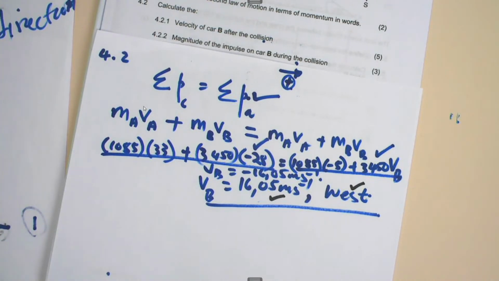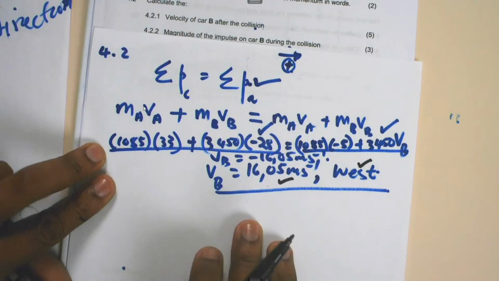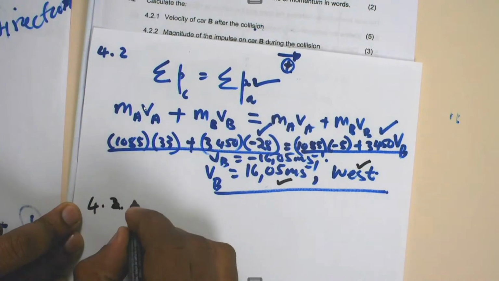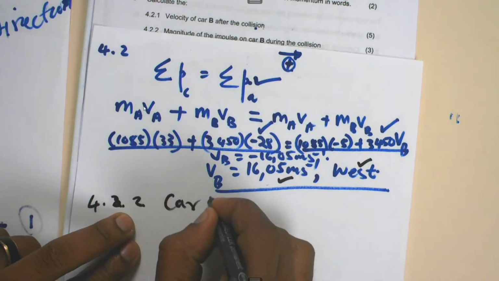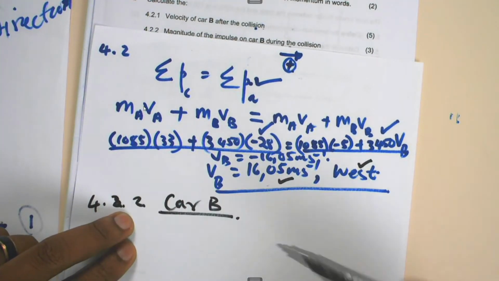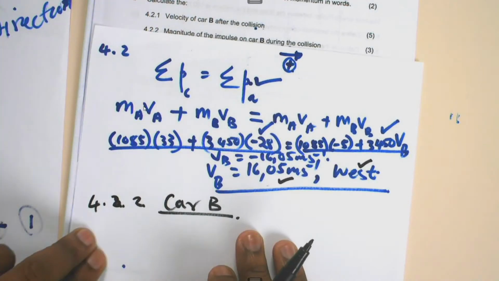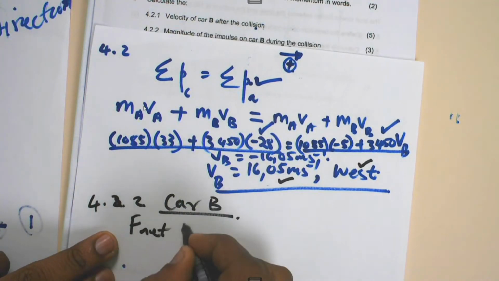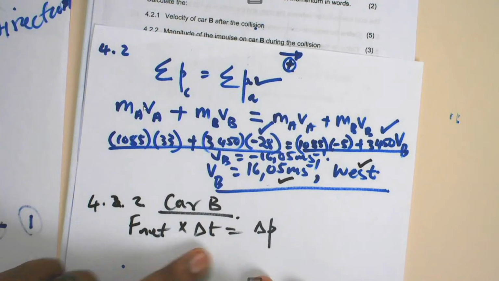So with this one, question 4.22, the focus now is only car B. So it means I'm going to need this particular velocity as well as the initial velocity, because we say now F net multiplied by change in t is equal to change in p.